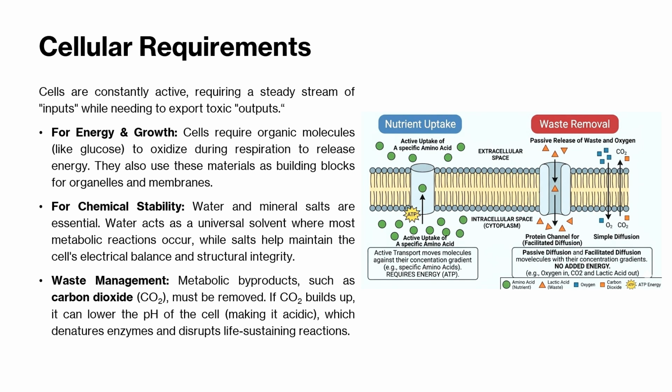And if this gas stays inside the cell, it makes the environment acidic. And this environment can actually denature your enzymes. What is denaturing? You can understand denaturing as melting a plastic key. Once the shape is ruined, that is damaged, the key would not fit the lock anymore, and the cell's reaction will stop. That is why movement in and out is a matter of life and death.